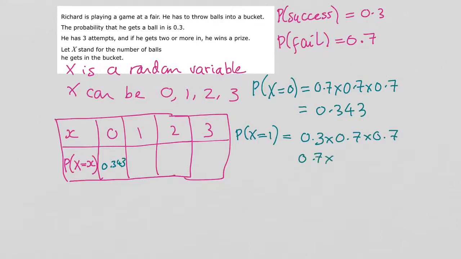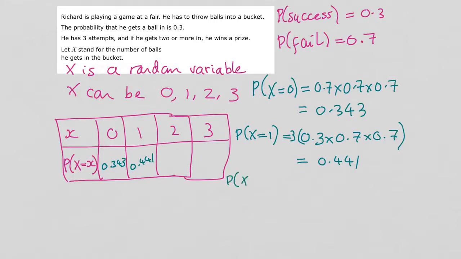It could be fail, success, fail, or fail, fail, success. So we've actually got this same calculation but 3 times over. So what I'm going to do is delete that and instead just put a 3 in front of it, and hopefully you'll see why in a second. So I've got 3 different ways of getting that possible outcome there, so 0.441. So that's going to go in here.